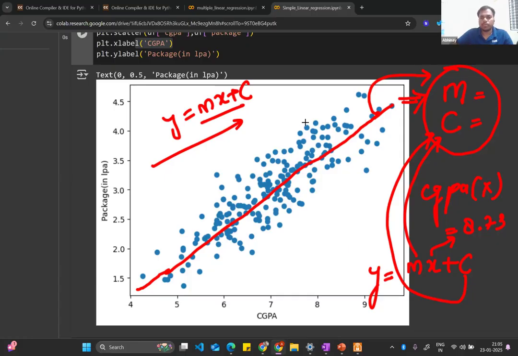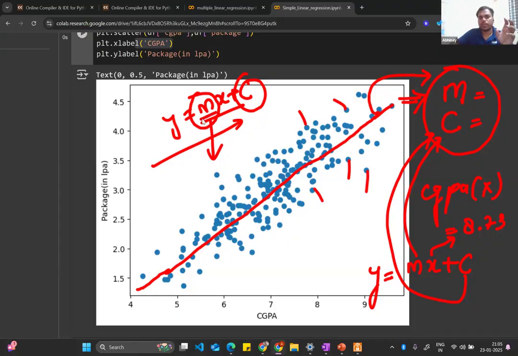So what we will do, we will try to find out the different values. This point will have a different m and c value, and this one too, and this also. In a broad way, you can say we will find the average value of m and the average value of c, which will satisfy all the points present in this data set.